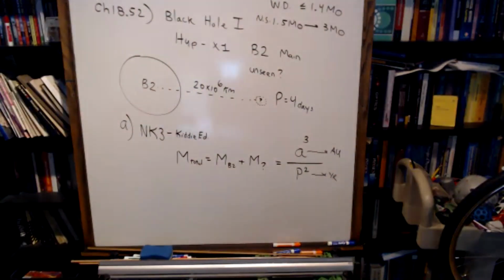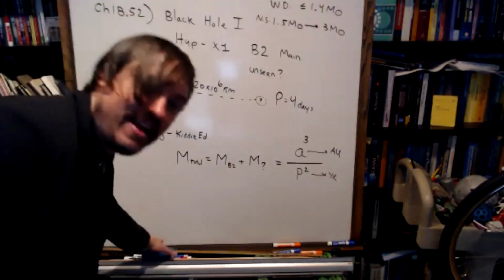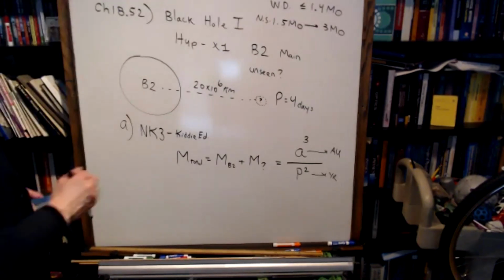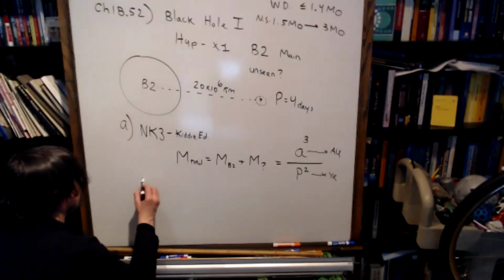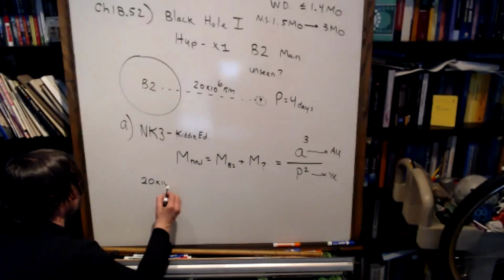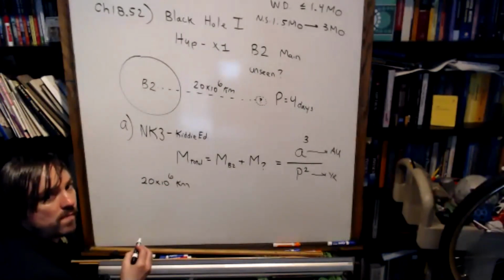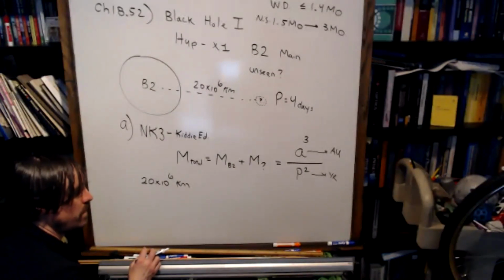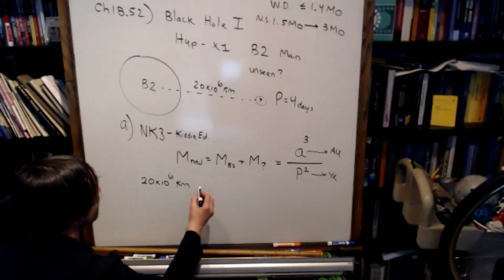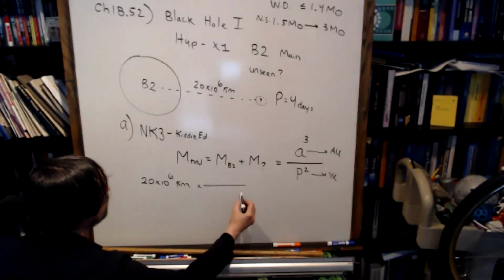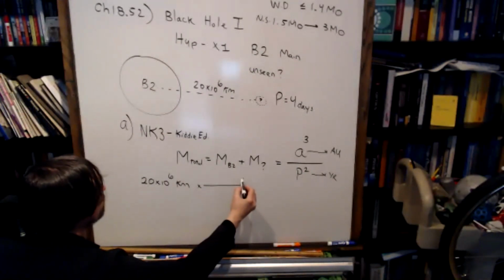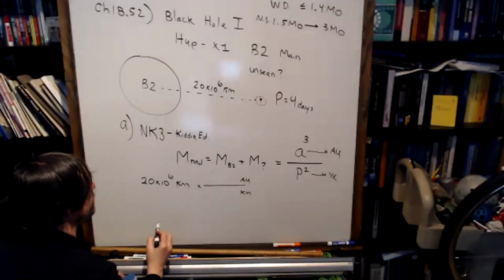That means this is one last chance for me to school you in dimensional analysis, right? Let's start with our 20 million kilometers. How do I convert that to astronomical units? Isn't it 150 times 10 to the 6th? Where does that go, Nathan?